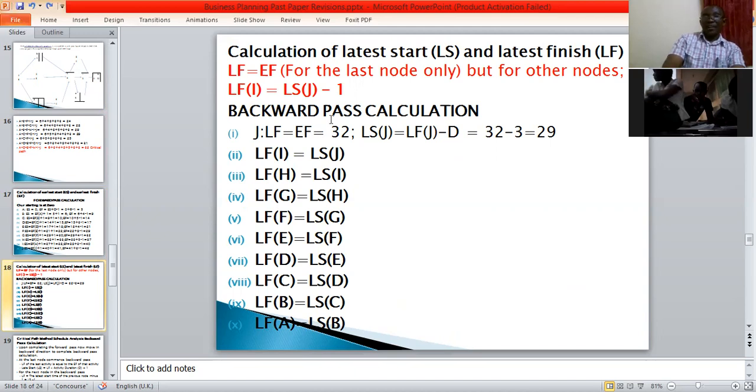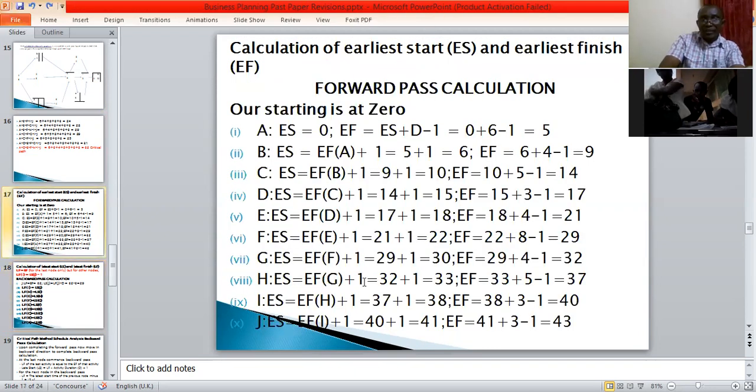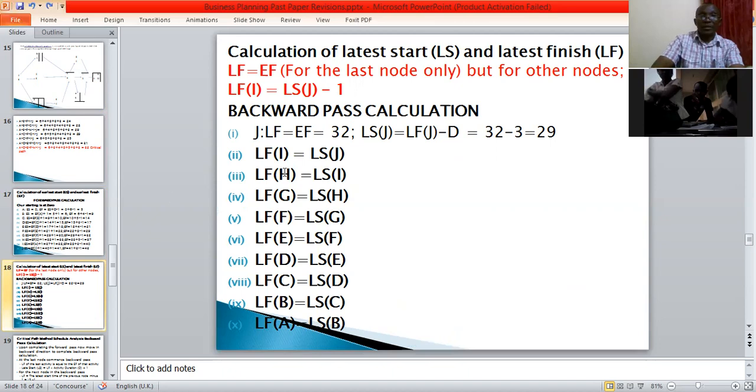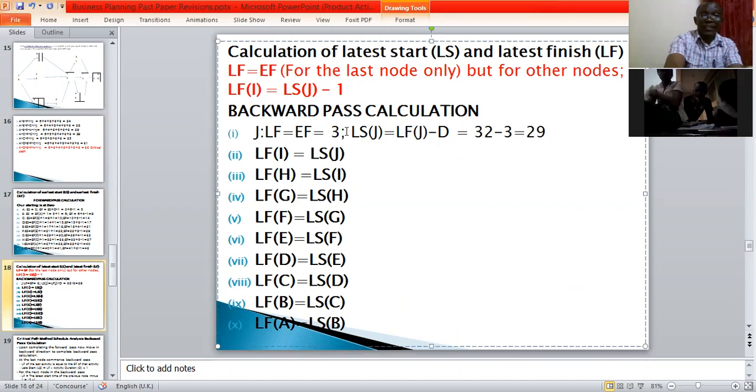Meaning whatever figure we have found, either it is 32 or was it something? Or it was 43. Okay, so this is 43.